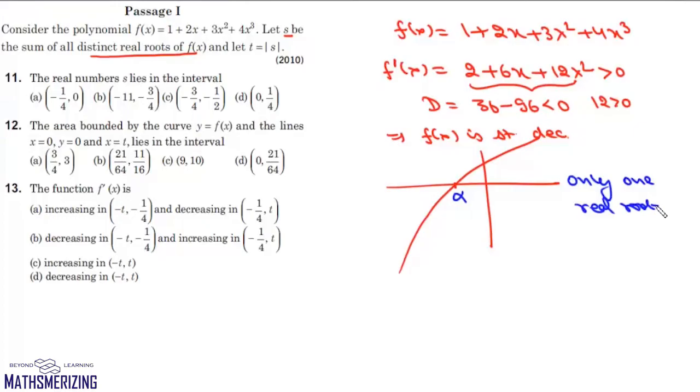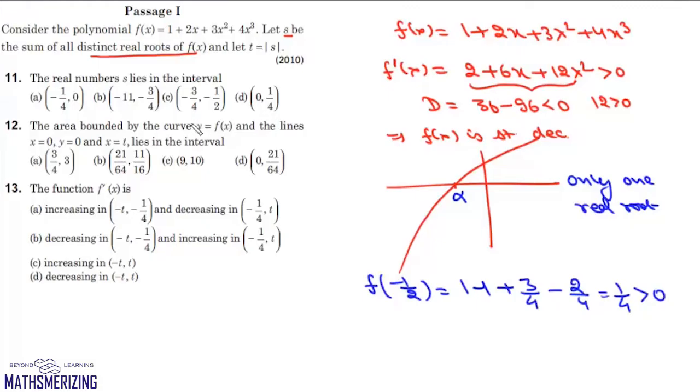Now first we'll find the location of this root using Bolzano's theorem. What we'll do is we'll find f(-1/2). f(-1/2) will be 1 minus 1 plus 3/4 and minus 2/4, which is 1/4 and it is greater than 0.